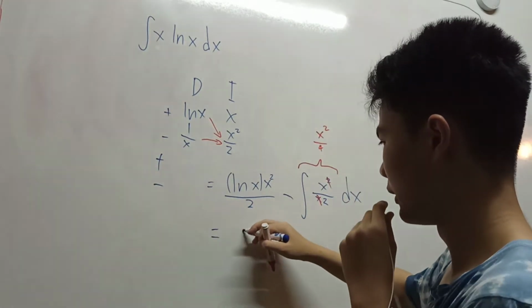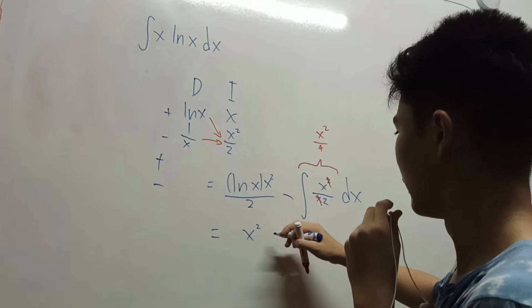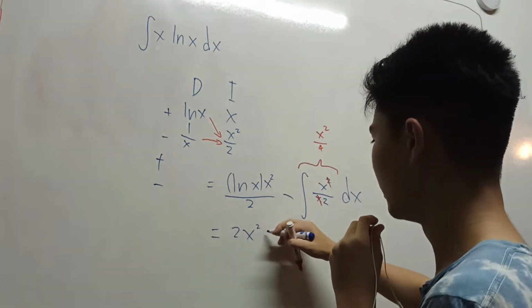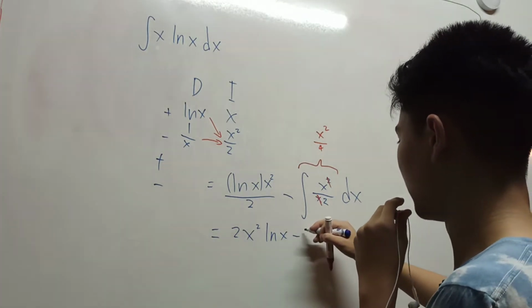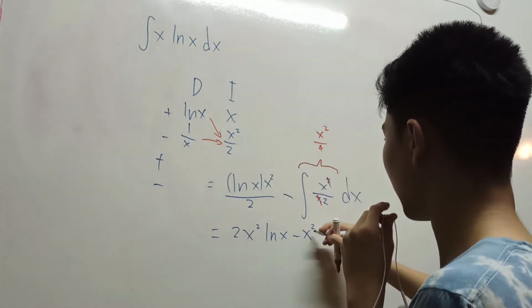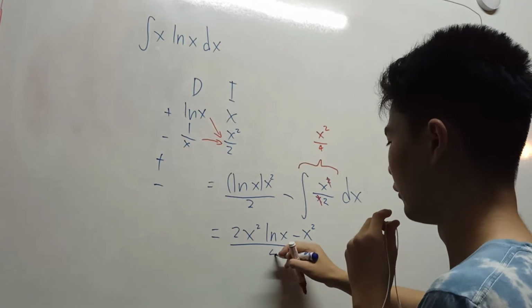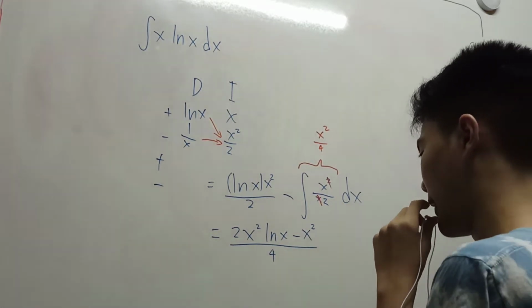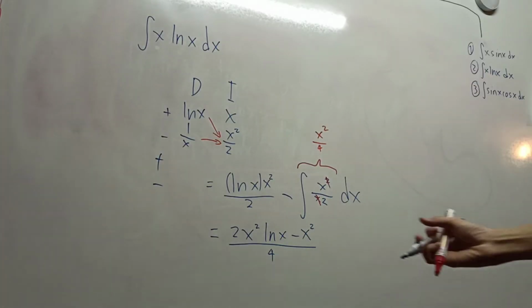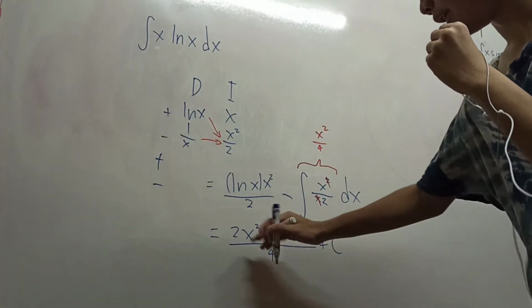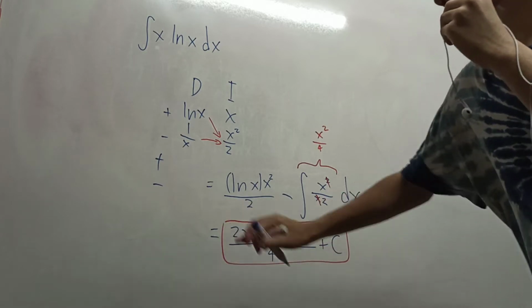Let's just write it like this: 2x squared natural log of x, and then minus x squared, and then whole thing over 4. You can factor the x squared out if you want, factor 4 out if you want. Depends on you. But yeah, plus c, and this is the second stop.